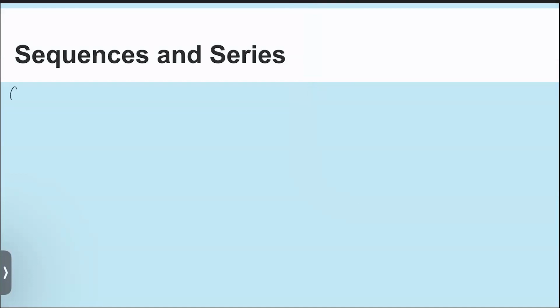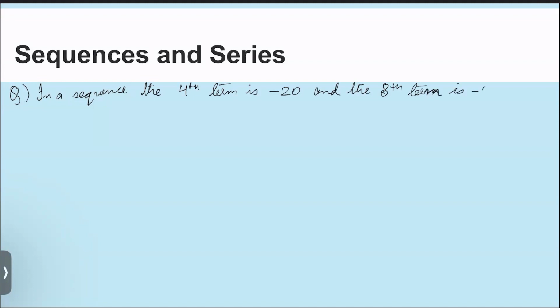So suppose the question given to you is, in a sequence, the fourth term is minus 20 and the eighth term is minus 10.